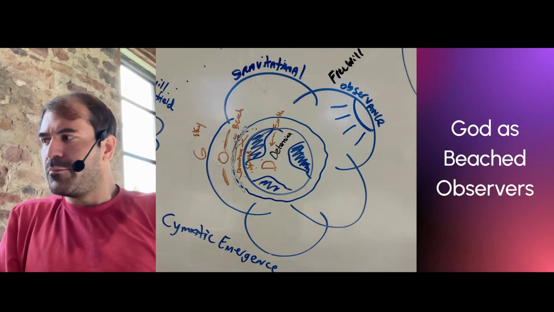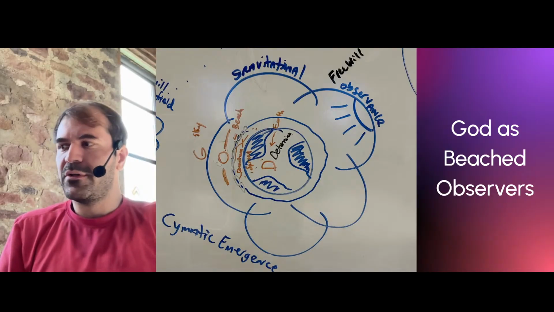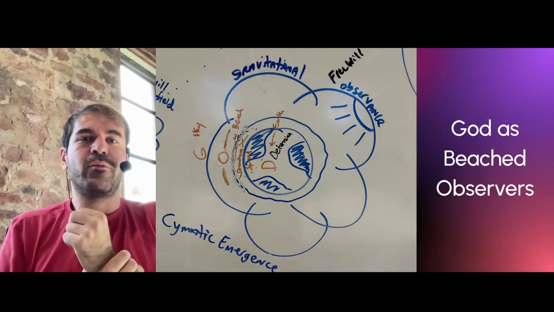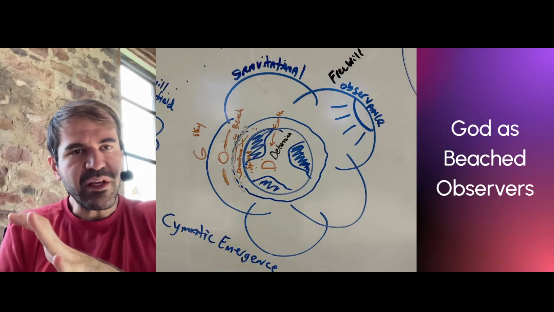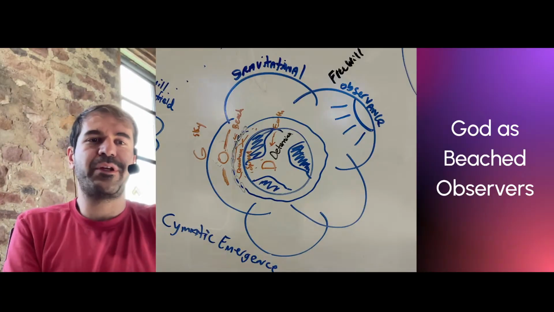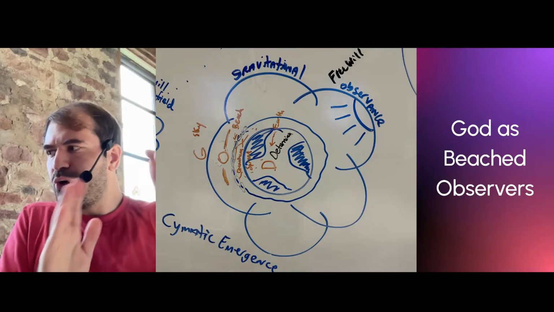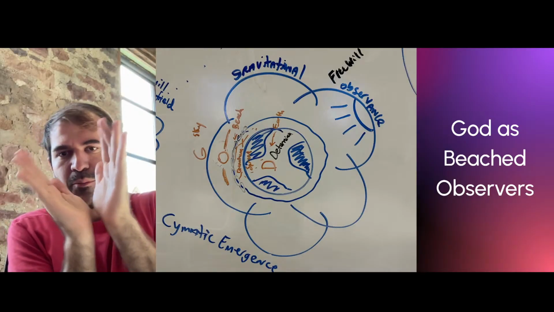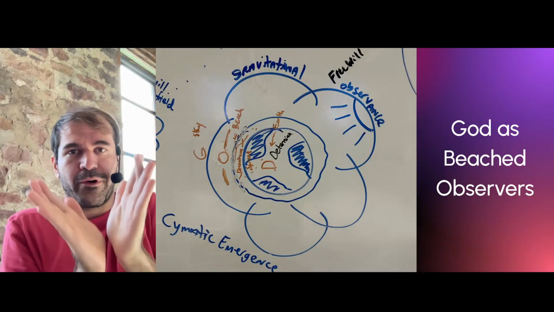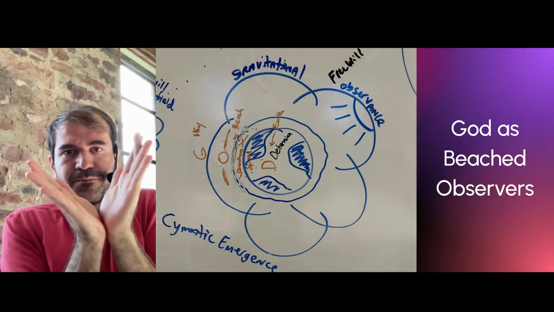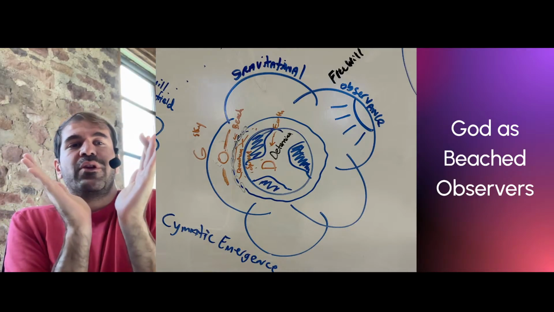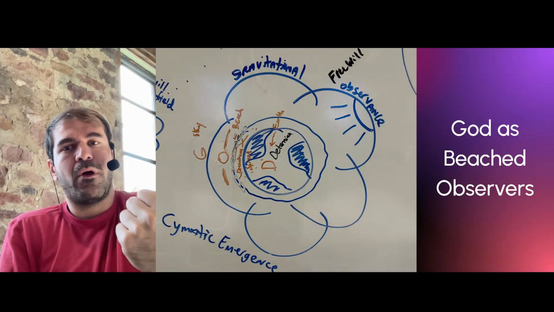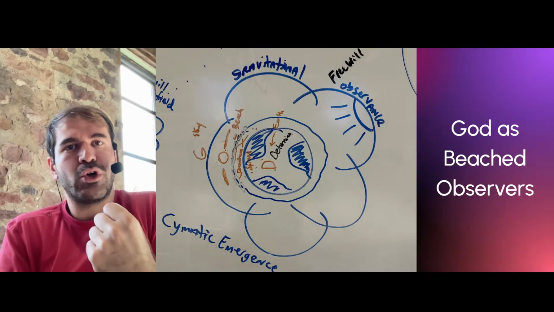So we also put together this visual to help. We're talking about God as beached observers, okay? So again, we talked about the acronym as gravitational observer decoherer. So if you take the book that we were just showing you, that manifold, and you put it as an observer portal, as a double slit observer portal that is engulfing the world, then it's like a beached observer portal on the land that is the Earth server.